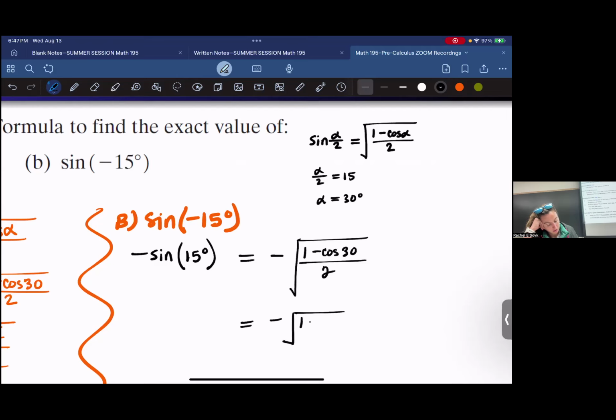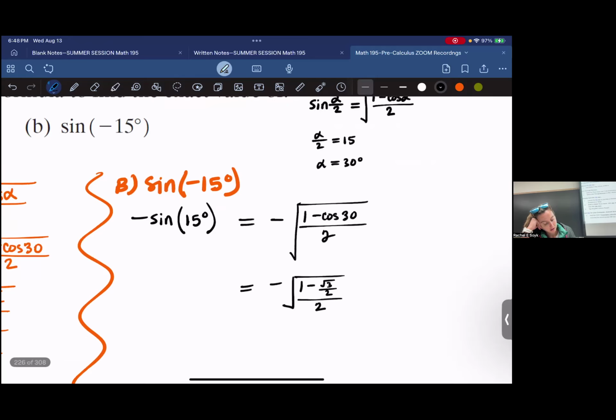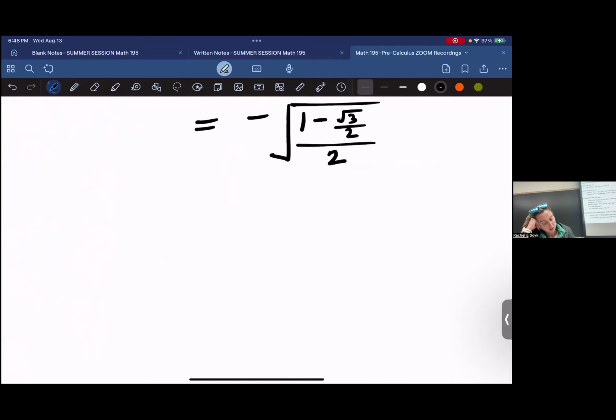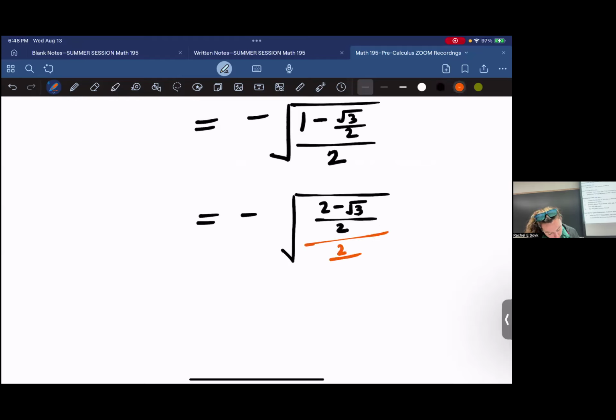Cosine of 30 gives you, once again, square root of 3 over 2. It's just now you're not adding, you are subtracting. So get those common denominators: 2 minus square root of 3 over 2, all divided by 2, which as a fraction is 2 over 1.